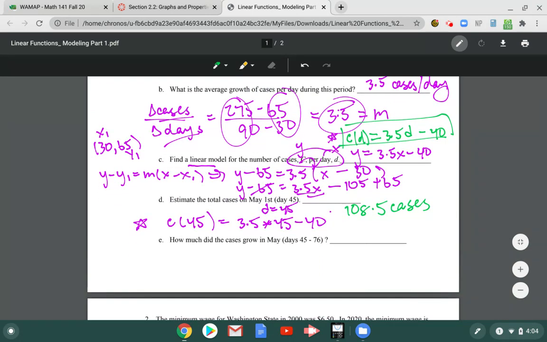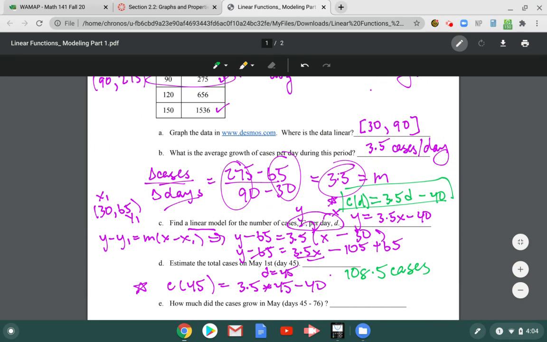Okay, next. How much did the cases grow in May, which is between the days of 45 and 76? Well, the model that we have right here in green is good for the days 30 to 90. We're being asked about days 45 to 76.